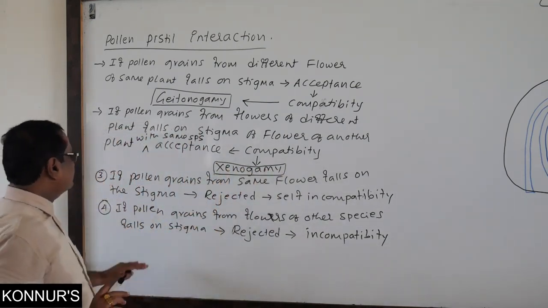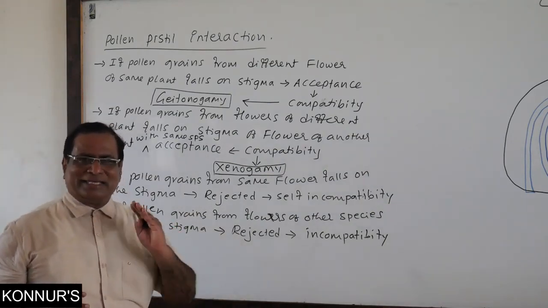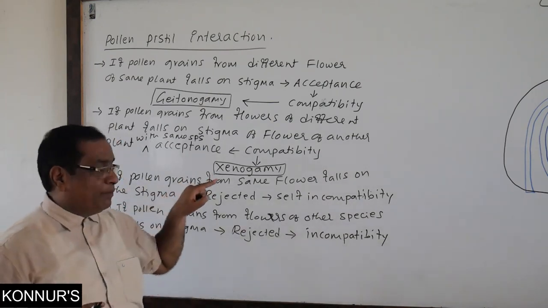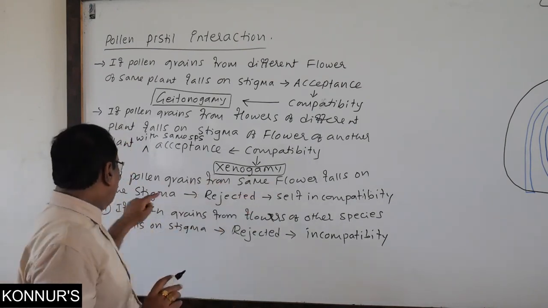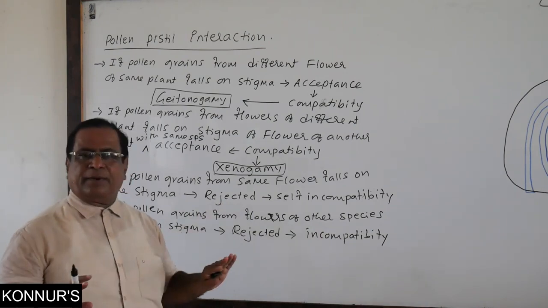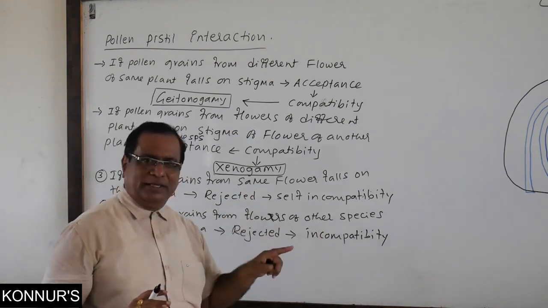And now, under which condition is the pollen grain rejected? If pollen grains from the same flower fall on the stigma, pollen grains are rejected by the stigma. It is self-incompatibility.